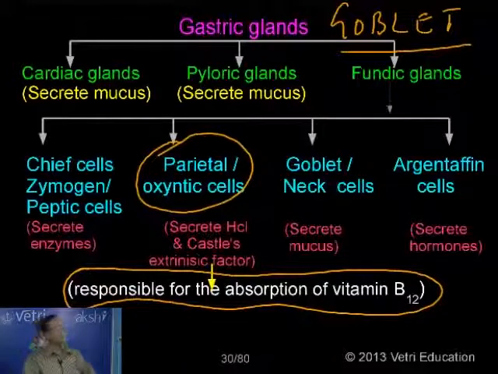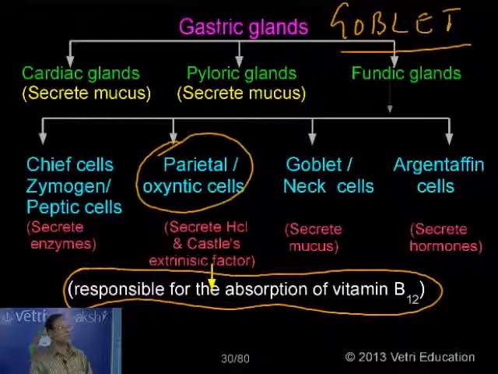Then the third type of cells, again the goblet cells, what I mentioned earlier. Any cell which secretes mucus is called a goblet cell. Here it is also called a neck cell. Another type of cells found in the fundic region: argentaffin cells. These are all endocrine cells concerned with the secretion of some hormones, for example gastrin in the stomach, secretin in the duodenum or intestine.